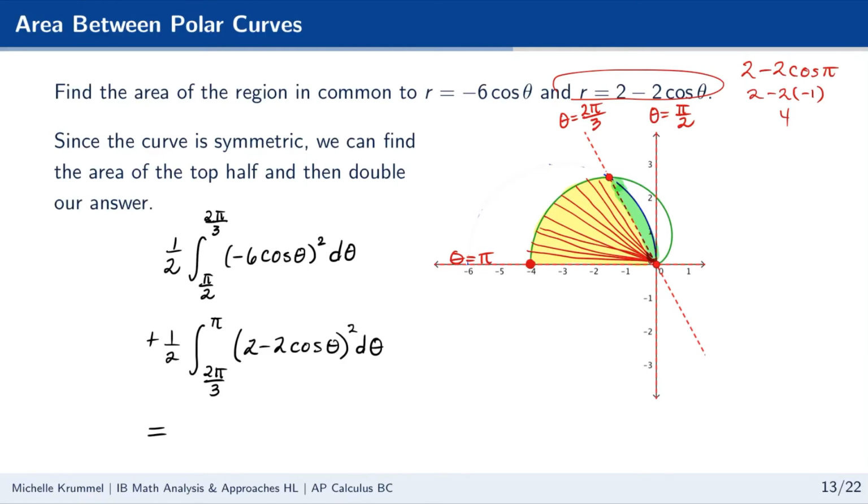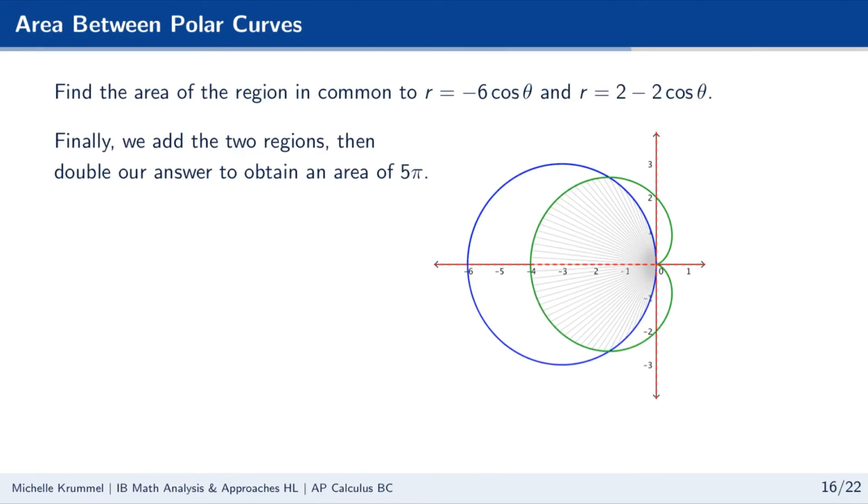That equals 5/2 times π, and then we need to multiply that by 2. So the area equals 2 times 5π/2, or 5π. Here is once again a little better picture of our graph with our shaded area.